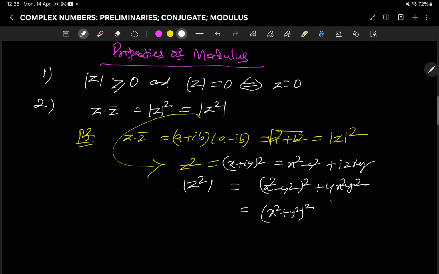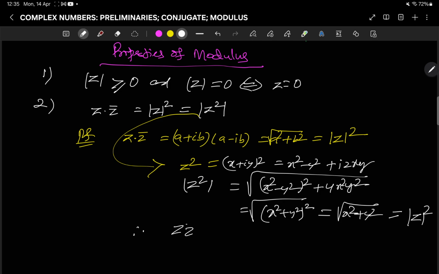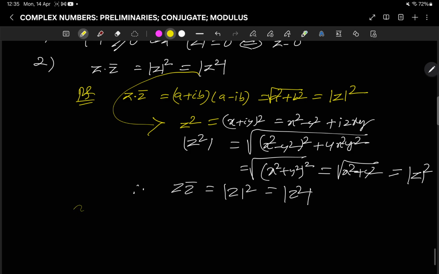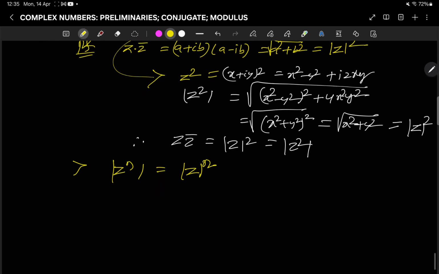A minus b whole square plus 4ab is a plus b whole square, okay? So this is x square plus y square, which is z modulus square, okay? So therefore z into z conjugate is z mod square is z square mod, okay? Likewise I can write z to the power n mod is the same thing as z mod to the power n, okay?